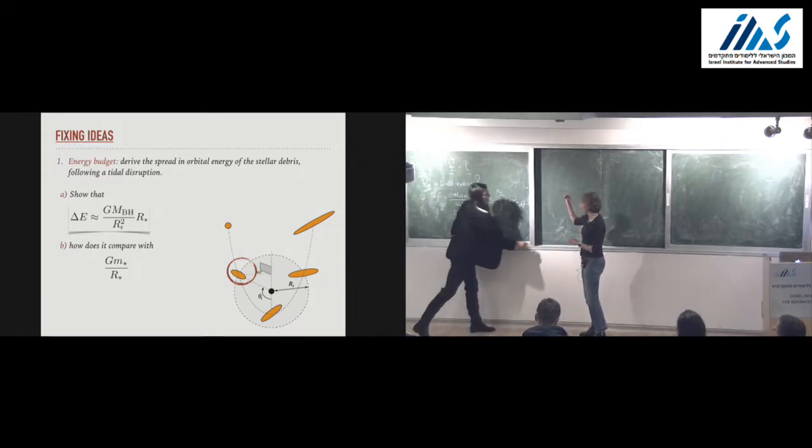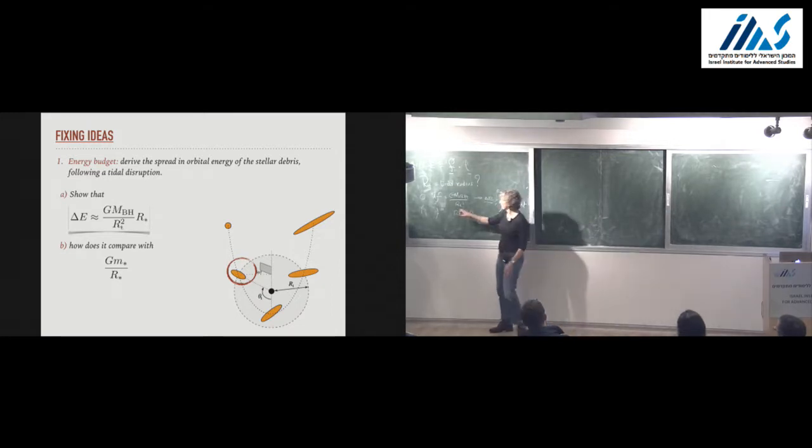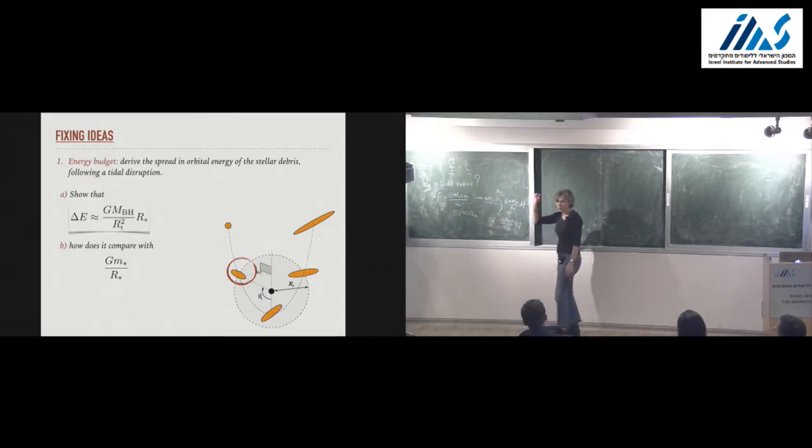If it's a point mass going around the black hole, it doesn't change its energy, right? The gravitational force doesn't do any work on the point mass, because the energy in the central potential is constant. So it's the finite size of the star that makes a difference.